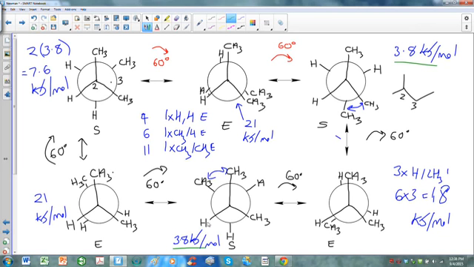The conformation or conformations that are least stable are the ones that have the highest energy, which is this one and this one. And that, in a nutshell, is how Newman projections work. There's nothing more to it than this, and hopefully after watching this video, when we do these in class, it'll make more sense. Alright? Thank you.